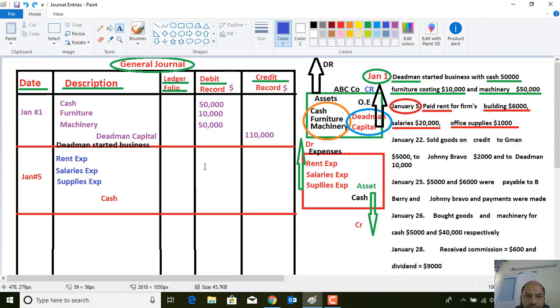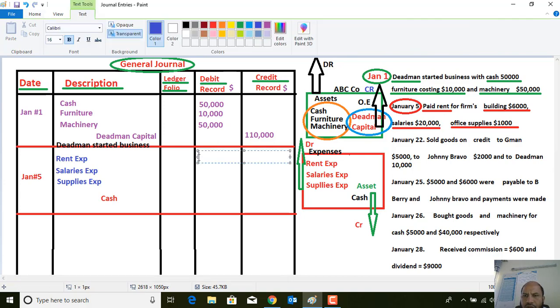So the first, how much was the cost of rent expenses? So dear students, the rent expenses for the building was $6,000. The salary expenses for the business were $20,000.